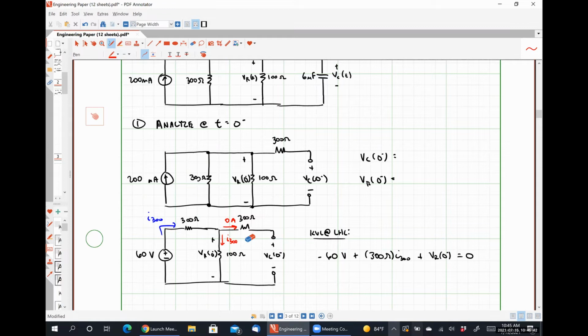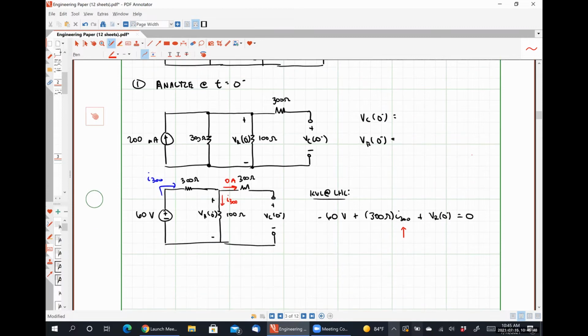So we could see pretty easily then that I300 is going to be 60 volts divided by 400 ohms, which would be 3/20 or 150 milliamps, I believe. Yeah.